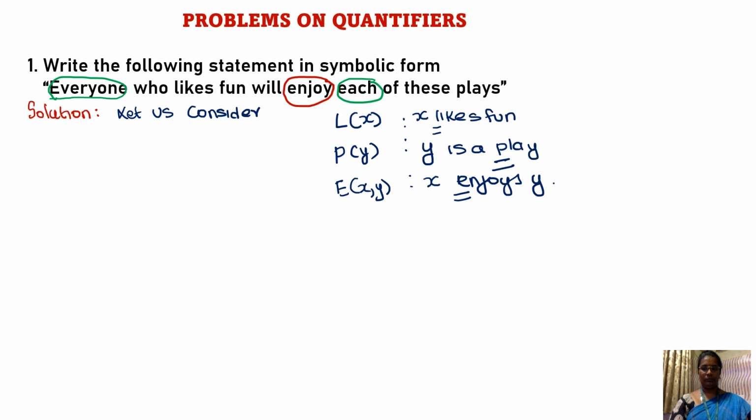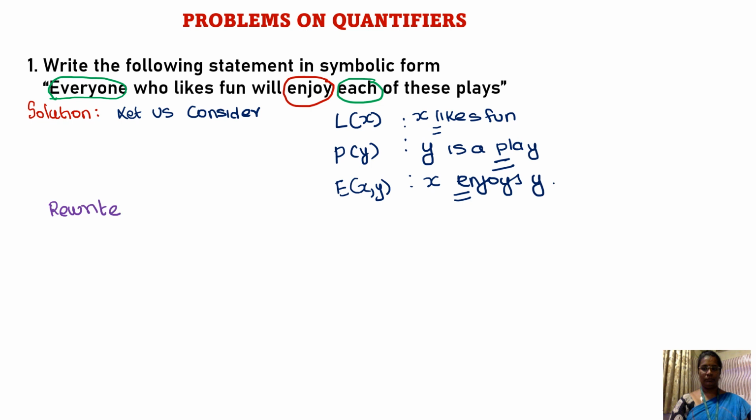If we would like to write in symbolic form, it is always better to rewrite the above statement, because when I rewrite it, it becomes easy for me to symbolize it.